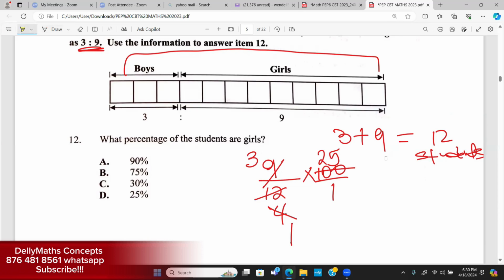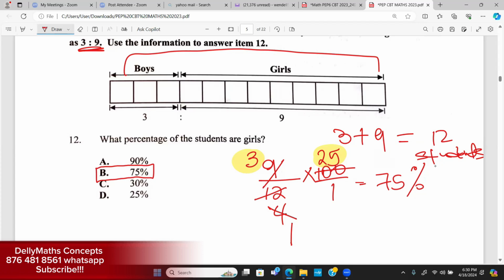So at this moment, you want to multiply 3 times 25. That's going to give you 75 as a percent. Now, I'm not saying this is the only way to work this out, but definitely this is a way that you can use. Find the total in the situation, represent what they want as a fraction of the total. So that is how we put the 9 over the total 12 students.